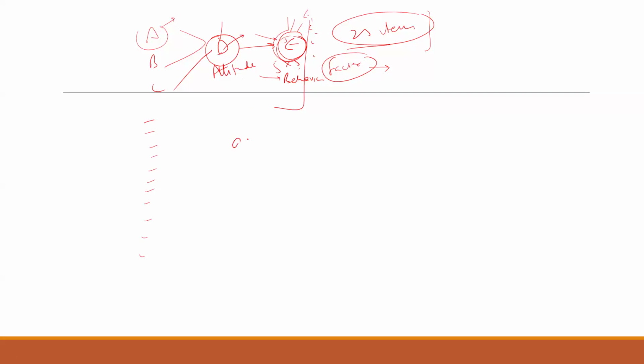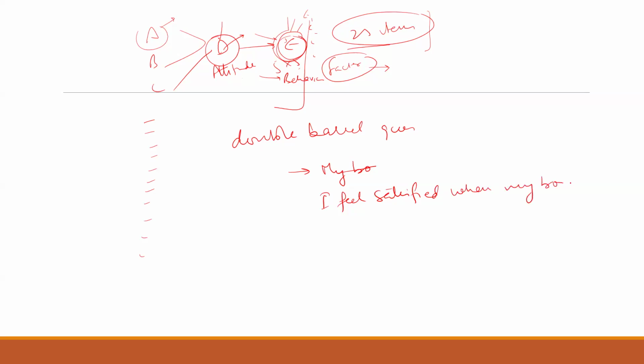For example, if we have double barrel questions. Now, what are these double barrel questions? Suppose if I ask you, I feel satisfied when my boss asks me about my family and children.